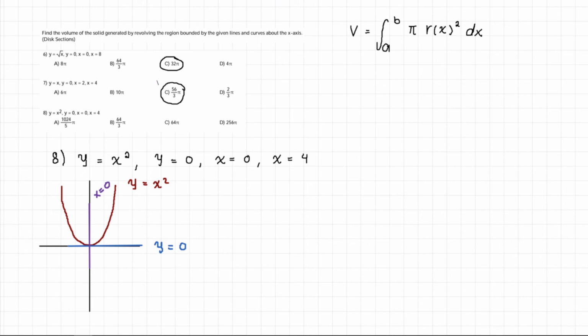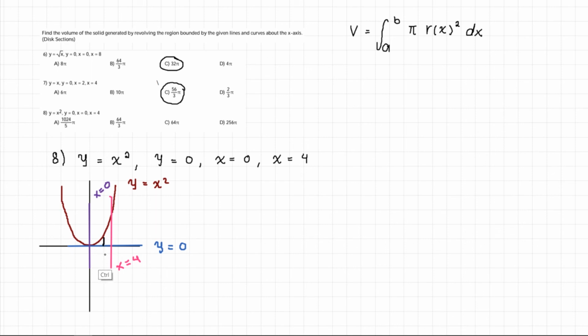Which I'm gonna do in pink, it doesn't matter. Okay, pink is x equals 4. And the area contained by these graphs is gonna be the one you see in black. And the radius of this is going to be the parabola y equals x squared.